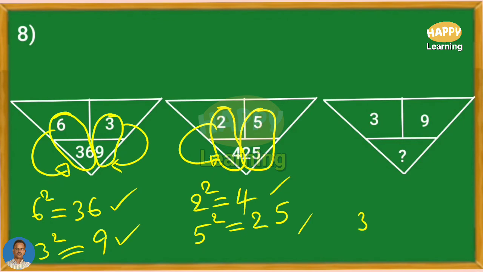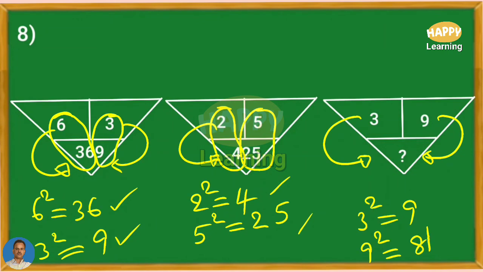Similarly, 3 square equal to 9 and 9 square equal to 81. So here 3 square and here it is 9 square. So it should be 981.